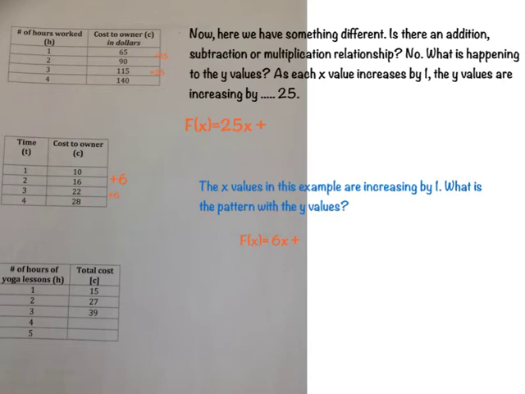In this case, we're going to start off with f of x equals 25x, because we're taking that common difference of 25. Now we have to say 25x plus something is going to get me to 65. Well, if x is 1, 25 times 1 is 25. And what do we have to add to 25 to get to 65? Well, that would be 40.